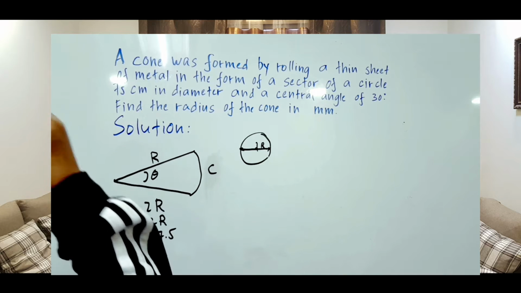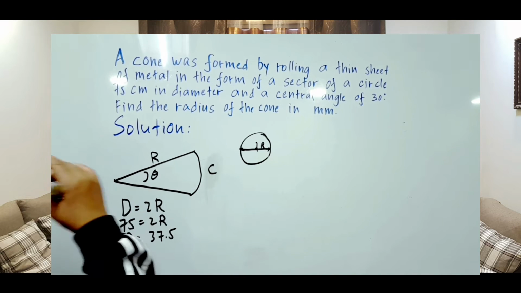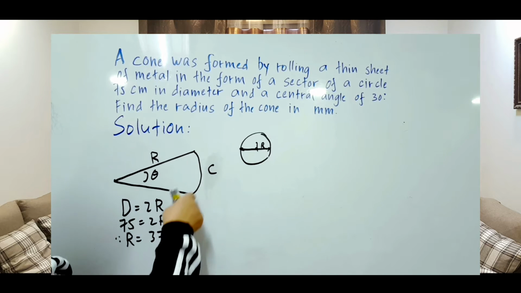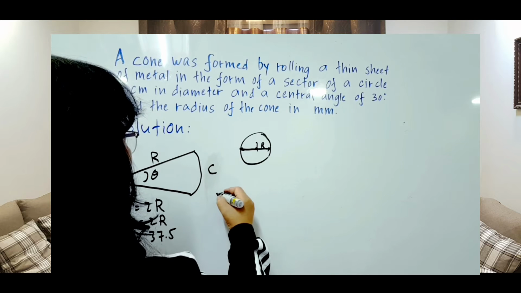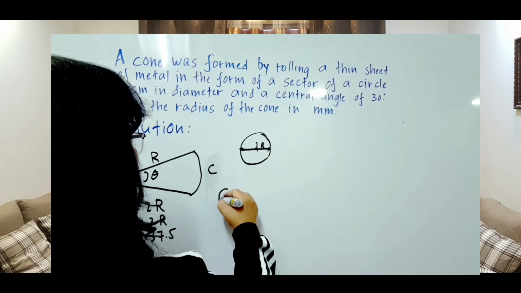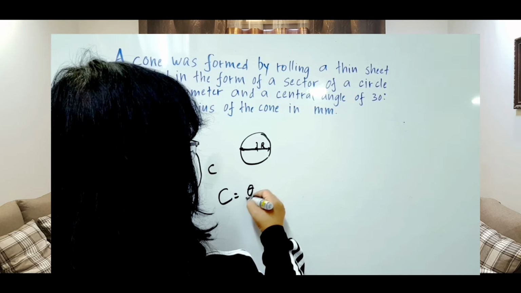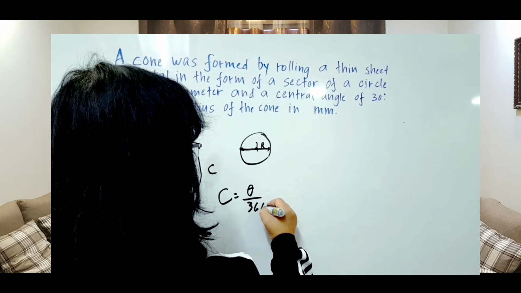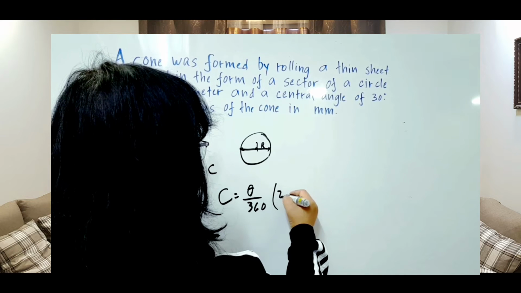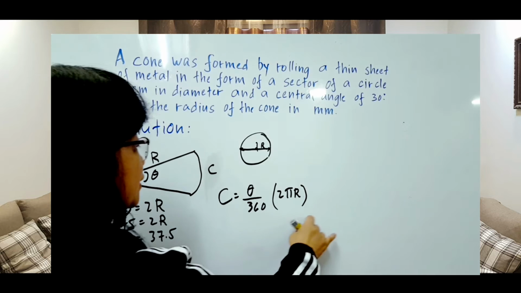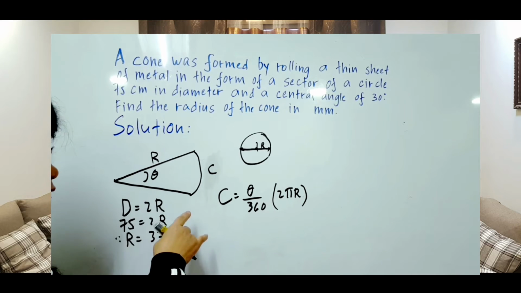Now, we already have the radius and we have the theta, so we can solve the arc length by using the formula of the arc length, which is equal to theta over 360 times the circumference. This is the formula for the arc length.